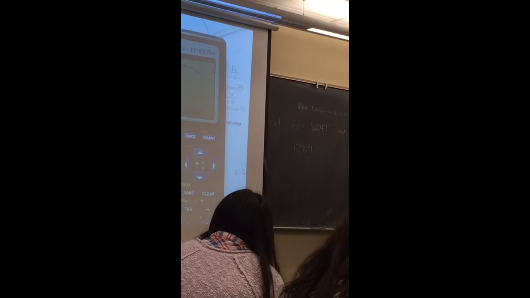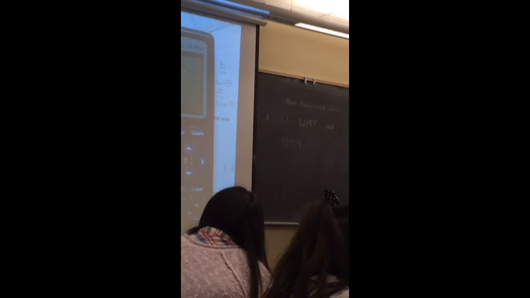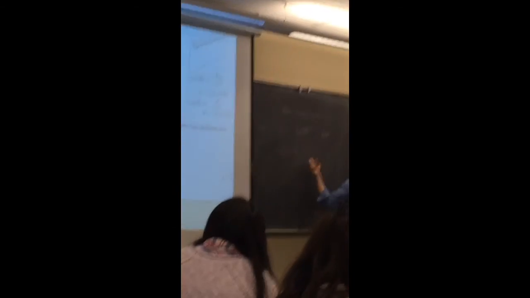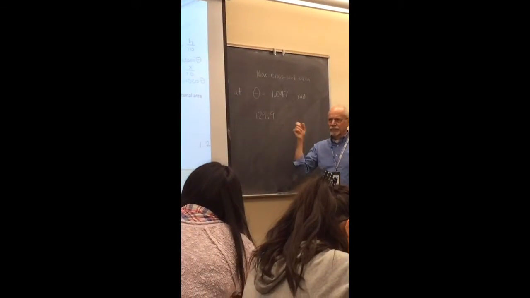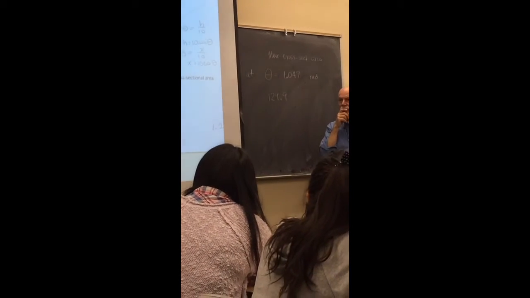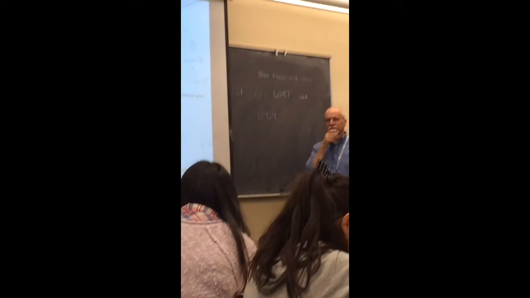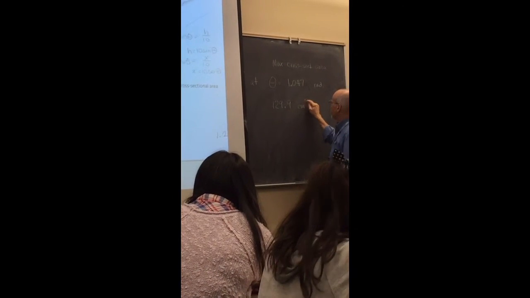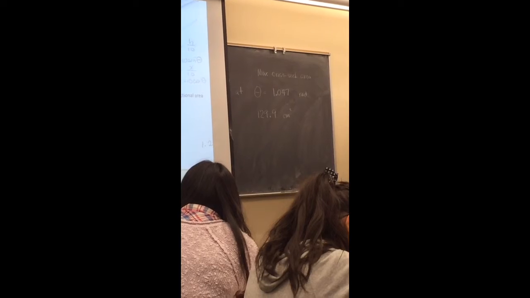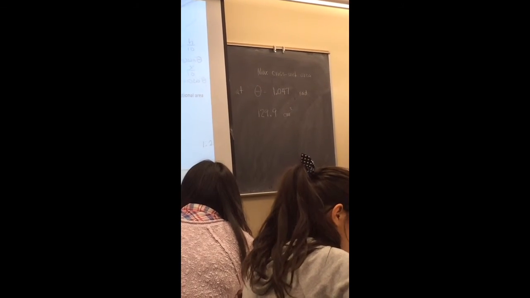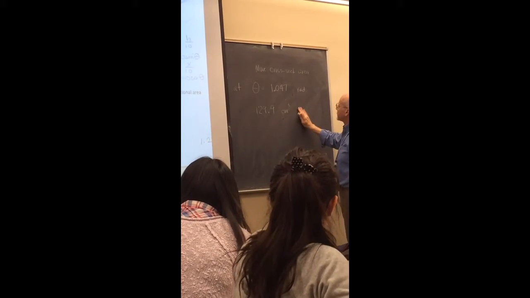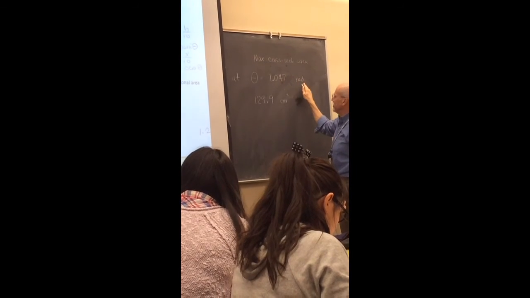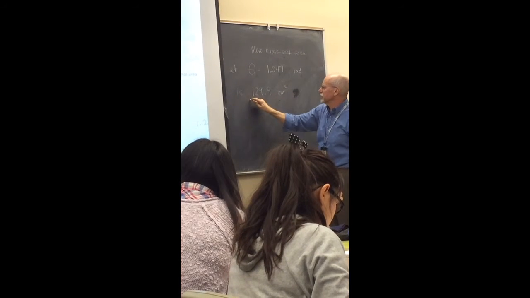And what were the units in this problem? 129.9 what? Centimeters? Yeah. So this is area, so centimeters squared. So 129.9 square centimeters is the maximum. So the maximum cross-sectional area at this value is this.